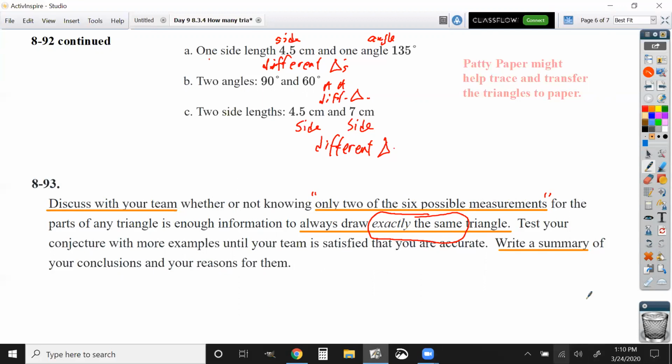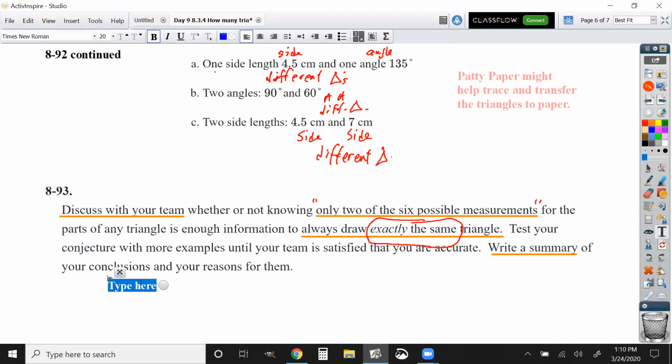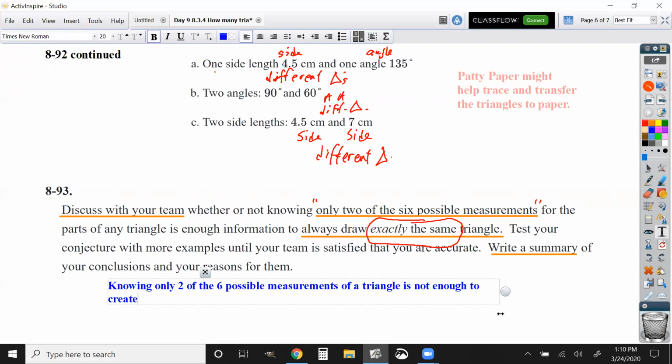So I would say, and I'm going to type this one, that if I had to put a statement to all of this today, that knowing only 2 of the 6 possible measurements of a triangle is not enough to create unique, ooh, there's a good word, unique triangles with only 2 measurements.